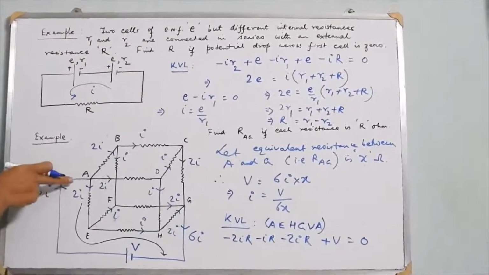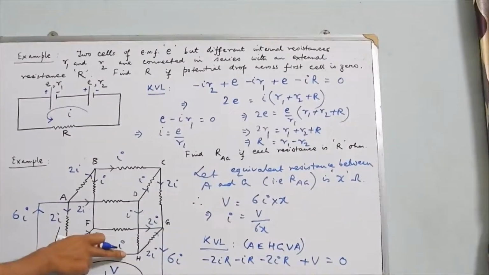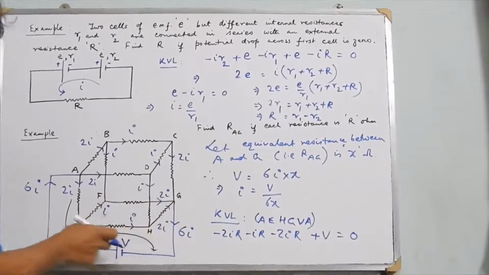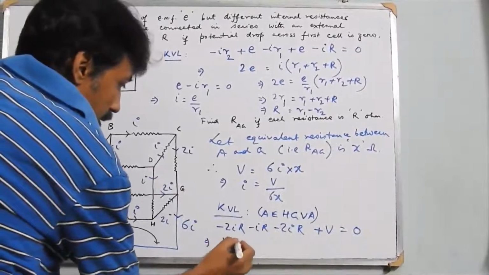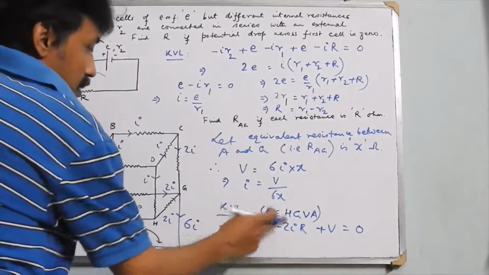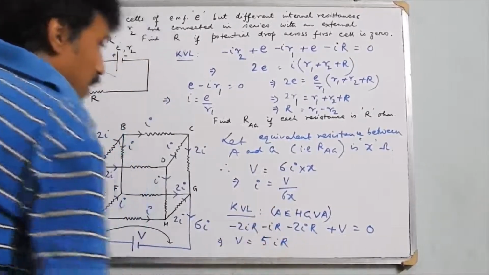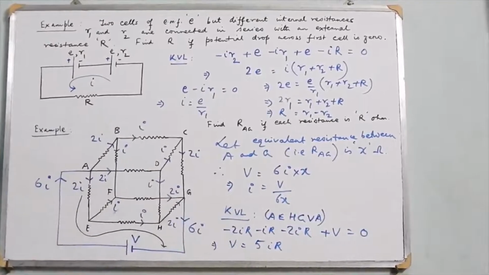Again you can see it, 2I into R, I into R and 2I into R, these are all negative and V is positive, sum is 0, which means that V equal to 2I plus I plus 2I, 5IR.